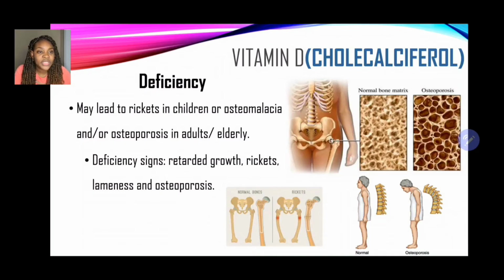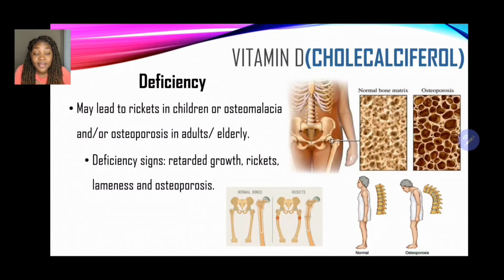Now at the top picture there, you can see the normal bone matrix versus the bone matrix of someone who has what? Osteoporosis. Good? So you notice that what is happening there is that the bone becomes weak and porous, and the holes become wider. So persons will easily get fractures.